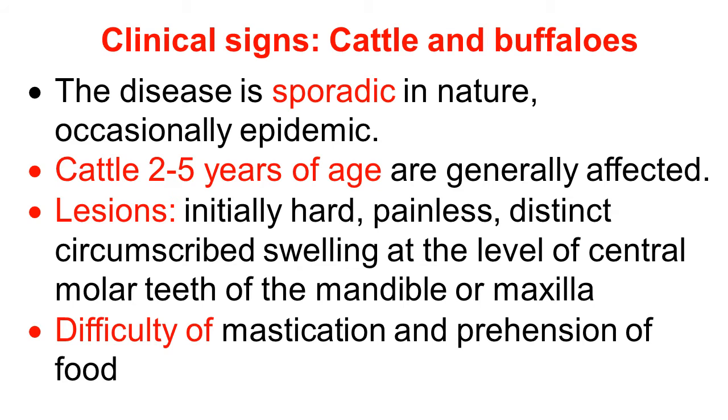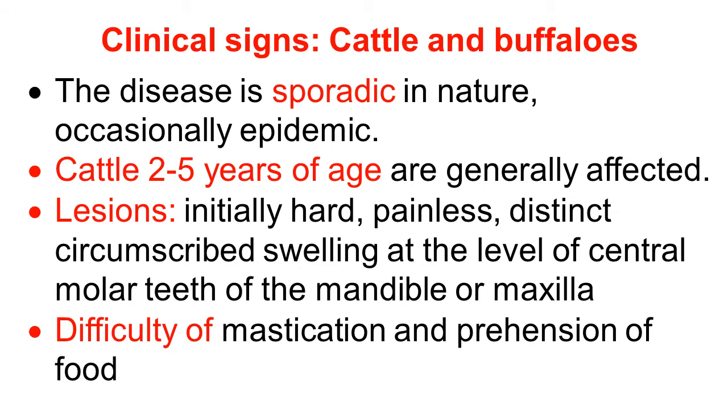We know that the disease is sporadic mostly, but sometimes occasionally may be epidemic when the discharge from the mouth is infected and it spreads to the pasture. So pasture contamination may produce an epidemic condition, but it is very rare.